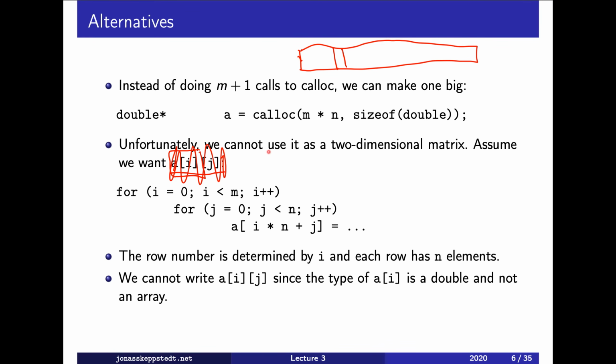Okay, so what we have to do instead is to calculate where the rows are ourselves, and then add to get the column number. So what we can do, I'll draw something new, is to divide this into rows. So if we want to get to row I, say it's this one, we multiply I with the number of elements in each row. And then we get to this one, and then we add j.